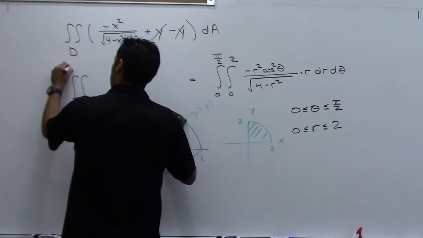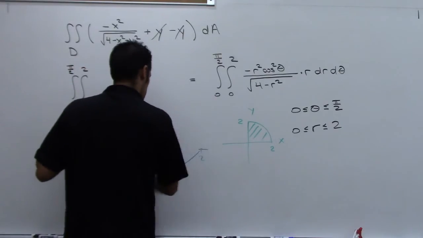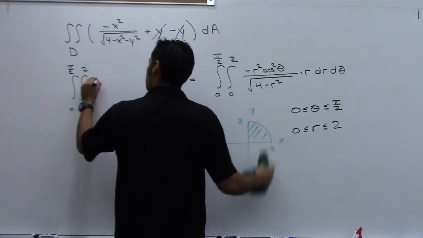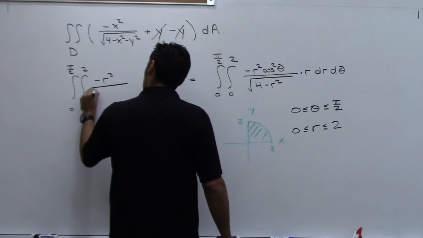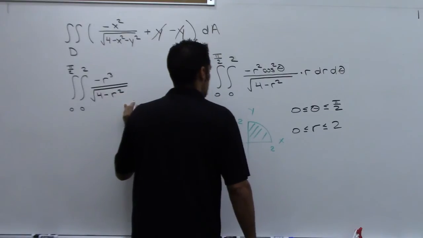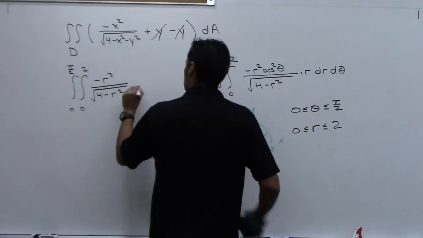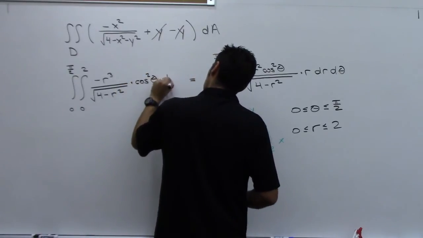So 0 to pi over 2, 0 to 2, and now negative r cubed over square root of 4 minus r squared, and then cosine squared theta dr d theta.